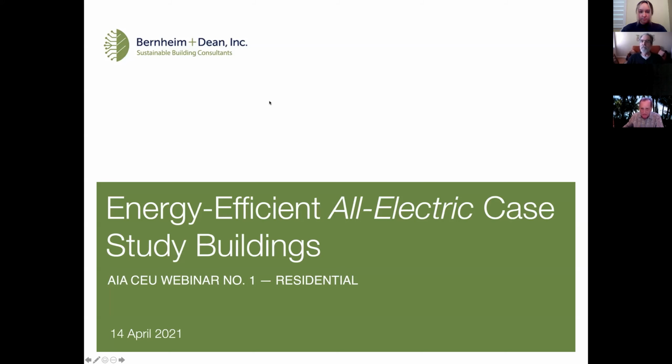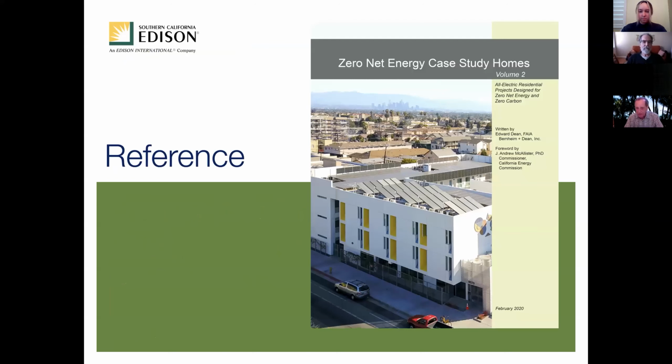These case studies, as Bill said, come out of this book, which was commissioned by, in this case, Southern California Edison. You can see from the cover that it was issued in February of last year, so it's pretty current. It's about residential buildings primarily. There are multifamily examples all the way over to renovations or remodels of single family houses in this book.